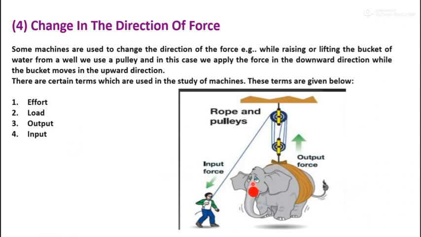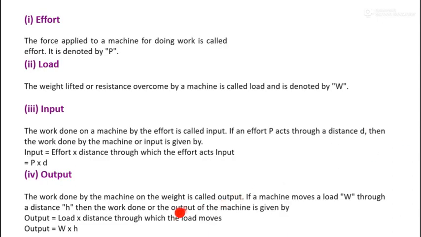In this picture, this is the load and this distance is the height. Load and height is called output, and input is effort and distance. I hope you all understood what is effort, load, input and output.